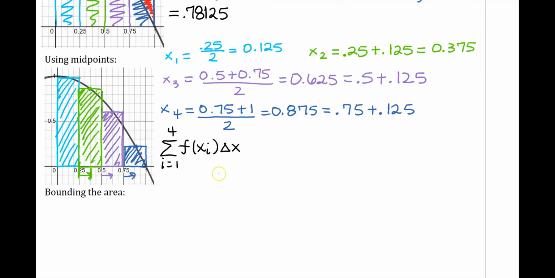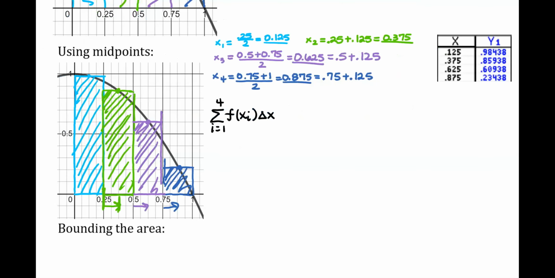My y equals will be this parabola, but I'm now going to plug in these 4 x values to get the function values, and then I'll bring a clip of that table over here so we can use it to fill out this summation. So I have evaluated the function at our 4 different x values. So now I'm ready to look at what my sum is.